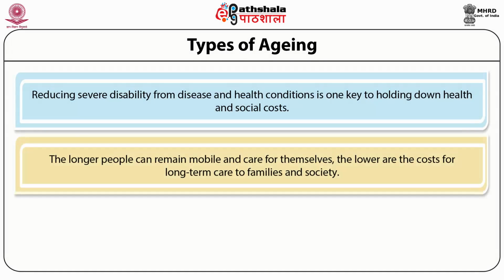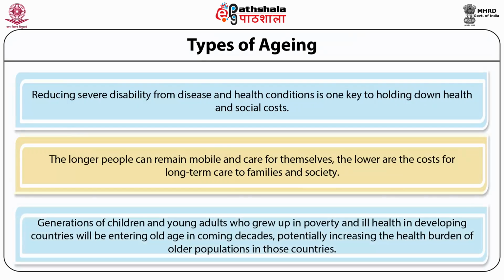The longer people can remain mobile and care for themselves, the lower are the costs for long-term care to families and society. In the meantime, generations of children and young adults who grew up in poverty and ill health in developing countries will be entering old age in coming decades, potentially increasing the health burden of older populations in those countries.